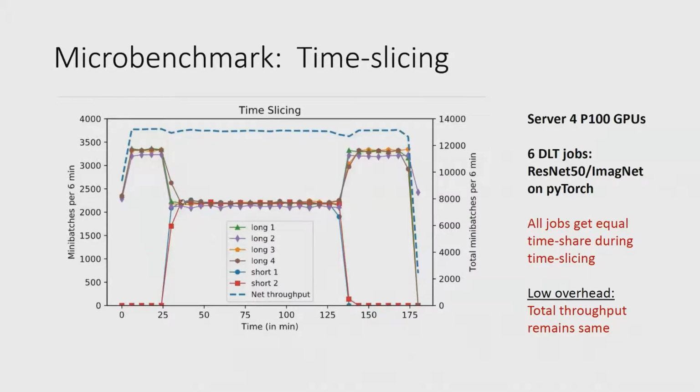It slices the time to give fairness for each job to complete at a lower throughput, but every job gets to run. So nobody starves for the resource. And finally, some of the short jobs finish, and then the throughput for individual jobs goes up again, but your net throughput stays at the same level.